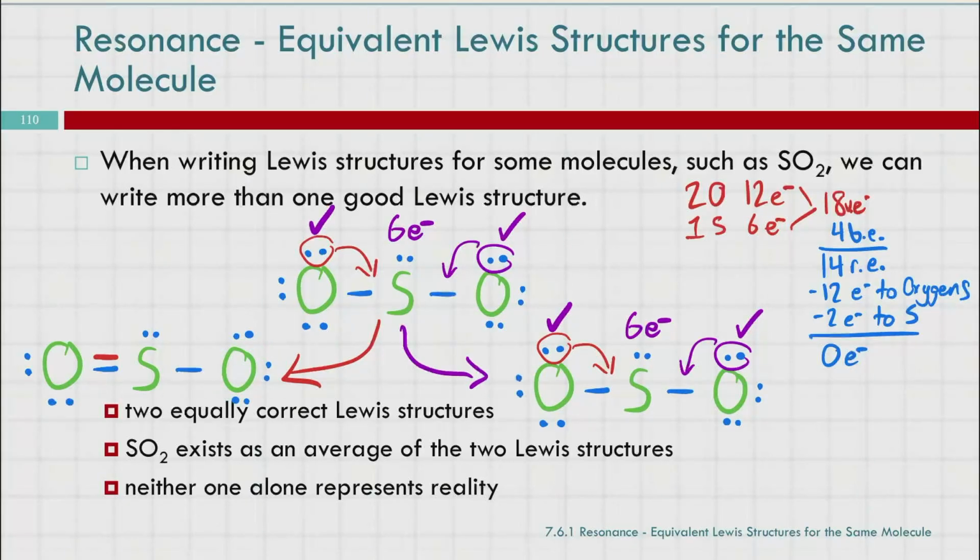If we pulled it in from the other side, it looks like the mirror image. So we've got the double bond on the right side instead, and everything has full octets.